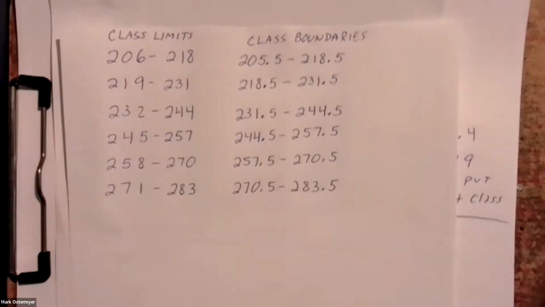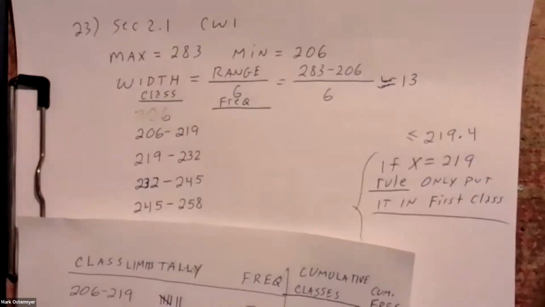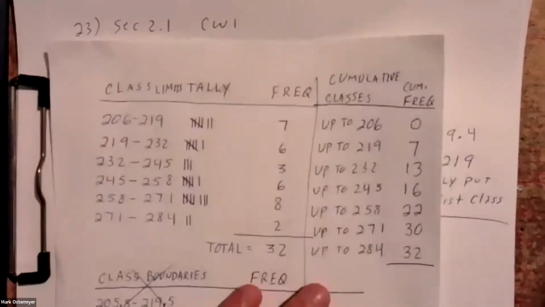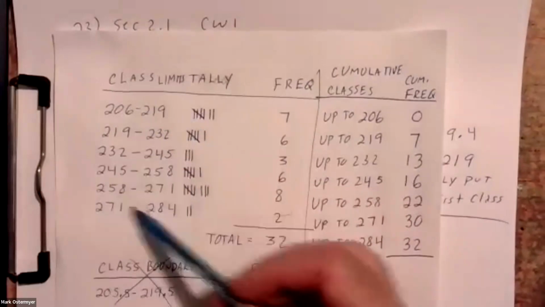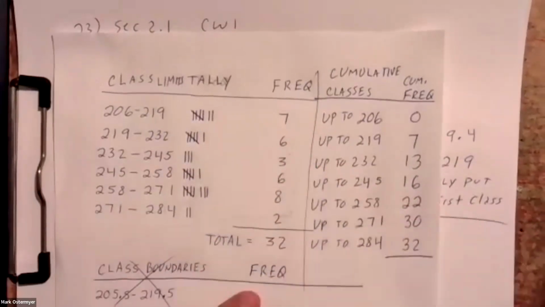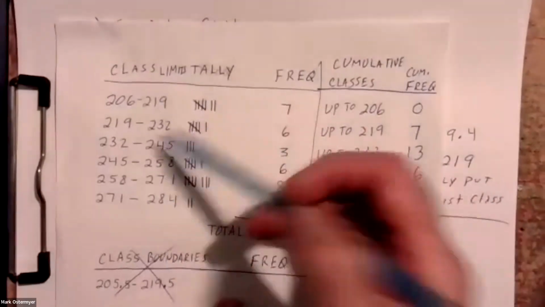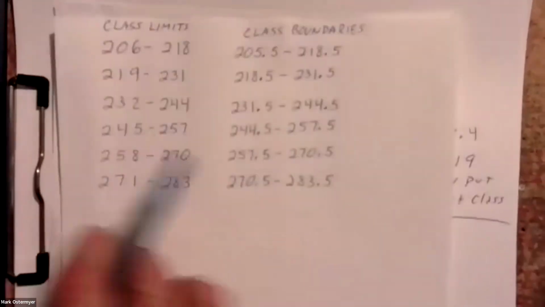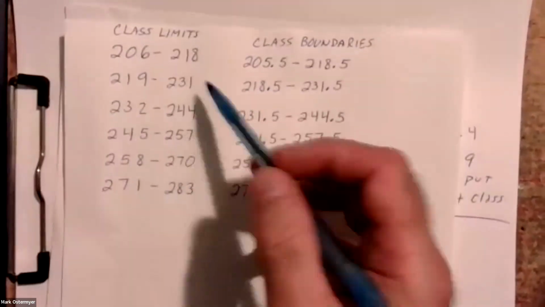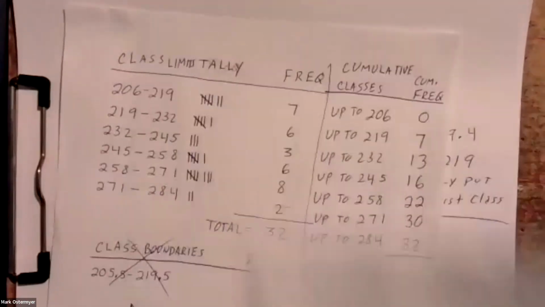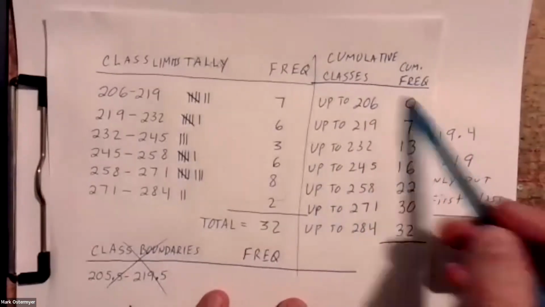Okay. All right. Now, so what we've accomplished so far in classwork number 1 is we've constructed a frequency distribution table. All right. And we'll go with these class limits here, although we should have gone with these here. All right. And ladies and gentlemen, we've also constructed a cumulative frequency distribution table here.